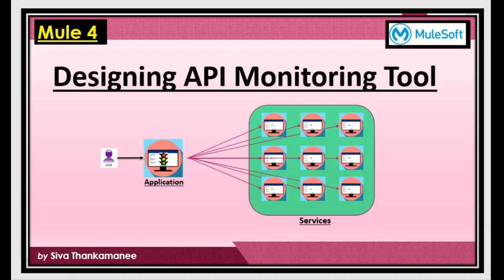In this video, we are going to talk about how to design and develop a simple API that effectively monitors all the hundreds of services running across the organization and across service lines. So let's see the basic principles behind this API monitoring tool.